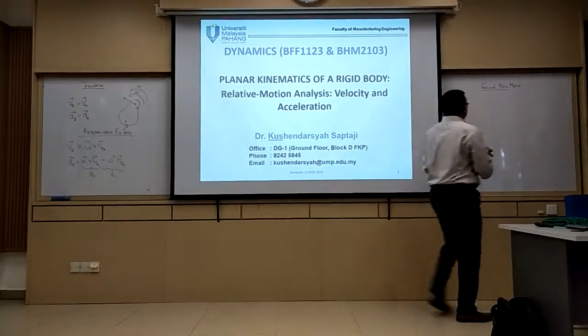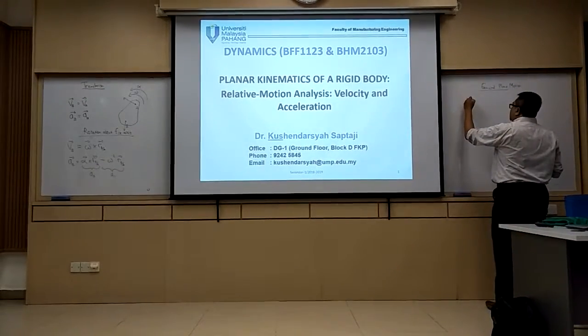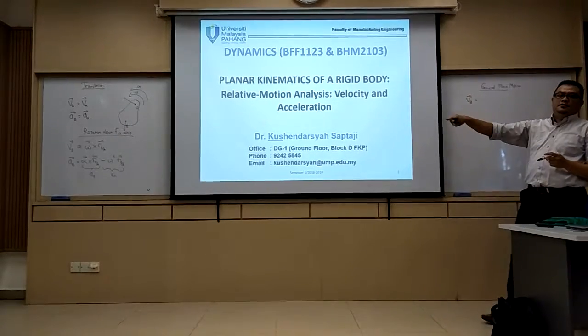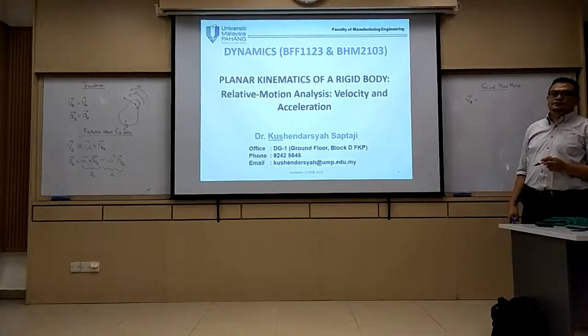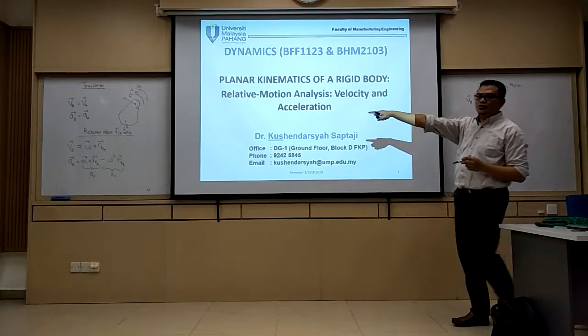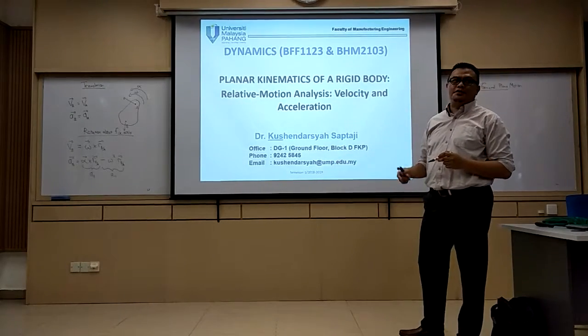So in simple terms, you can write down VB. What is the combination for VB? You combine translation and rotation about fixed axis.